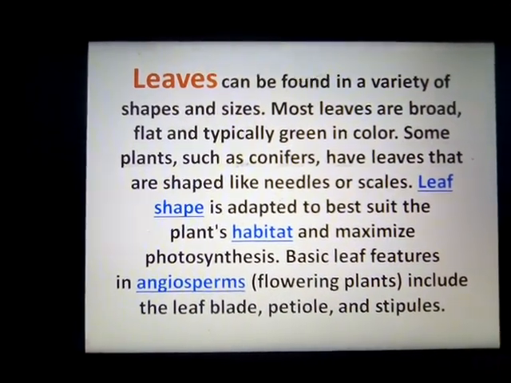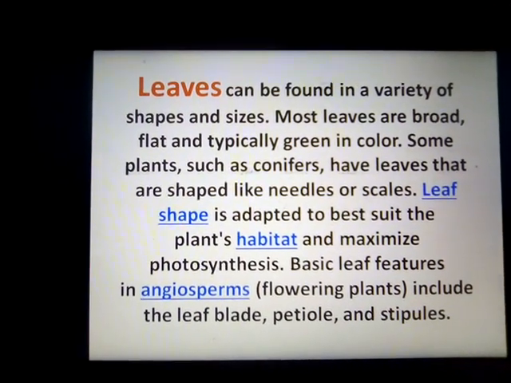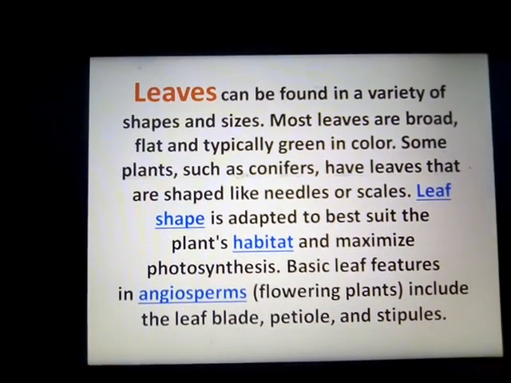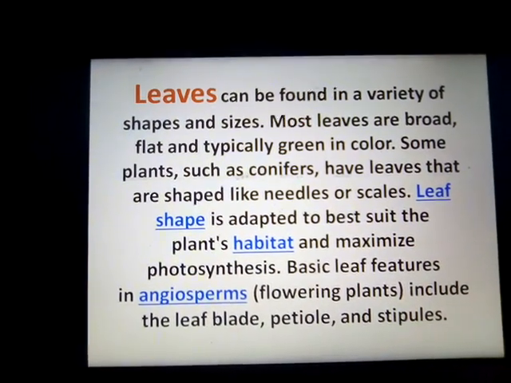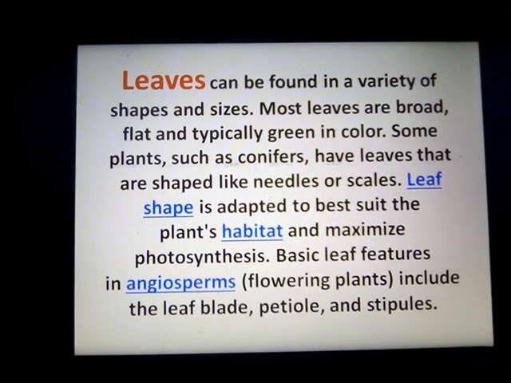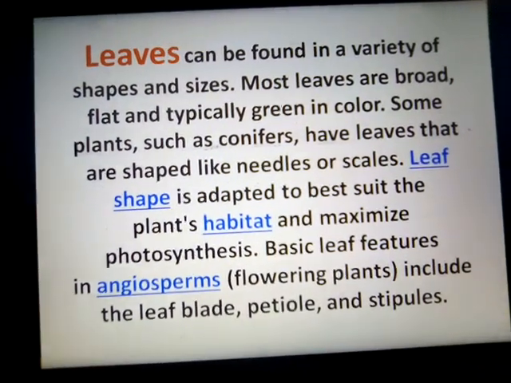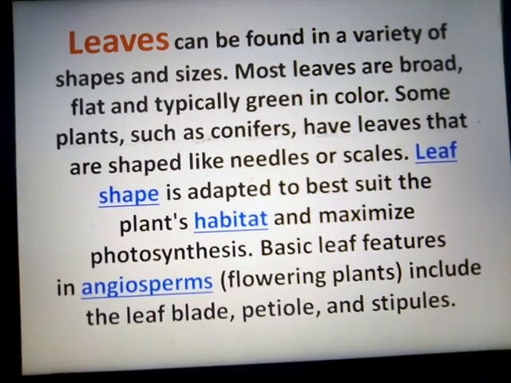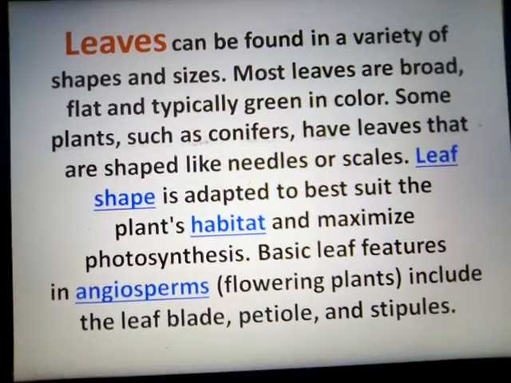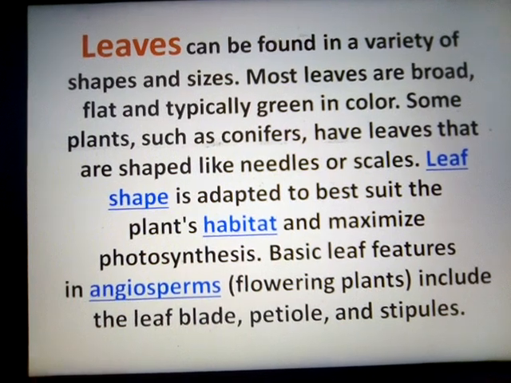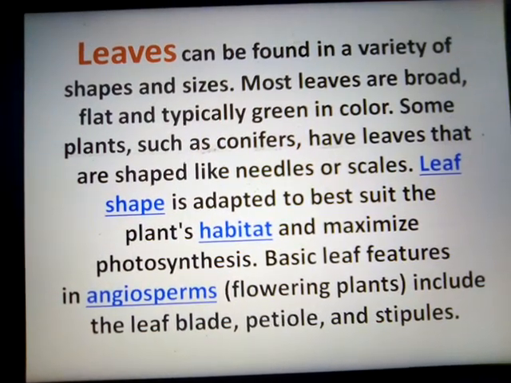Some plants, such as conifers, have leaves that are shaped like needles or scales. Leaf shape is adapted to best suit the plant's habitat and maximize photosynthesis.